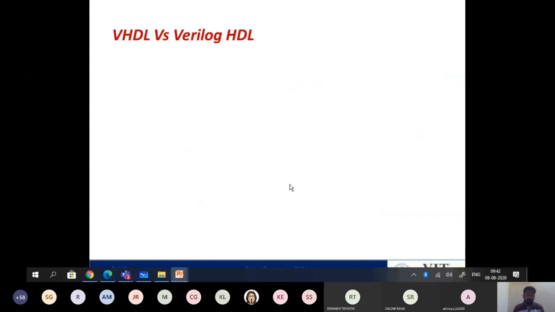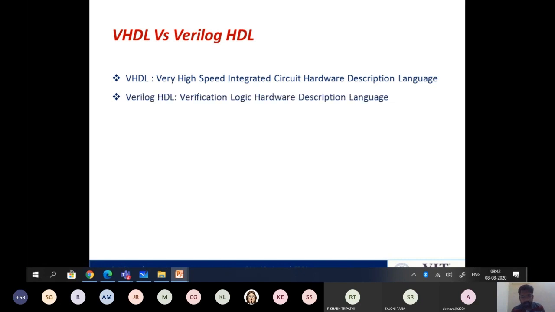Fine. Here's a question. What is the difference between VHDL and Verilog HDL? VHDL stands for Very High Speed Integrated Circuit Hardware Description Language, whereas Verilog HDL stands for Verification Logic Hardware Description Language.